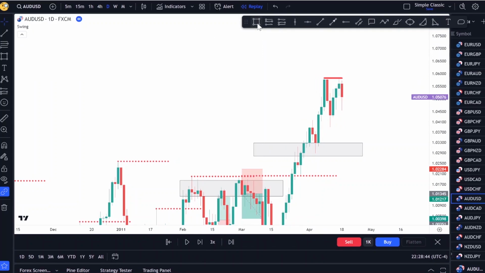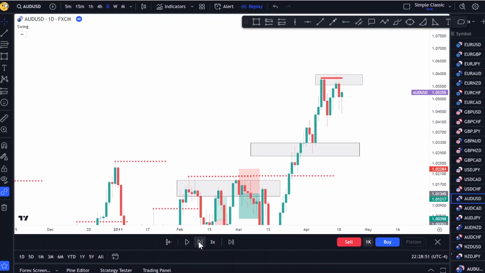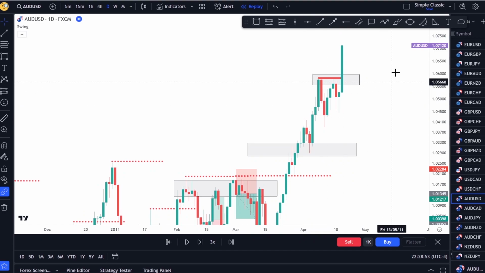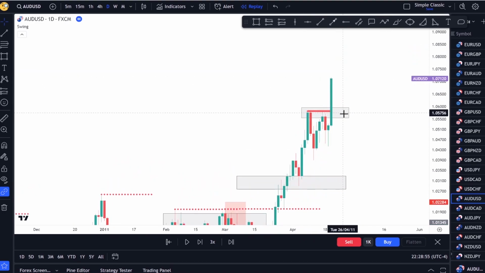Okay, so now this zone is confirmed. And it's broken through. So if it comes back here, we can go for a bounce.